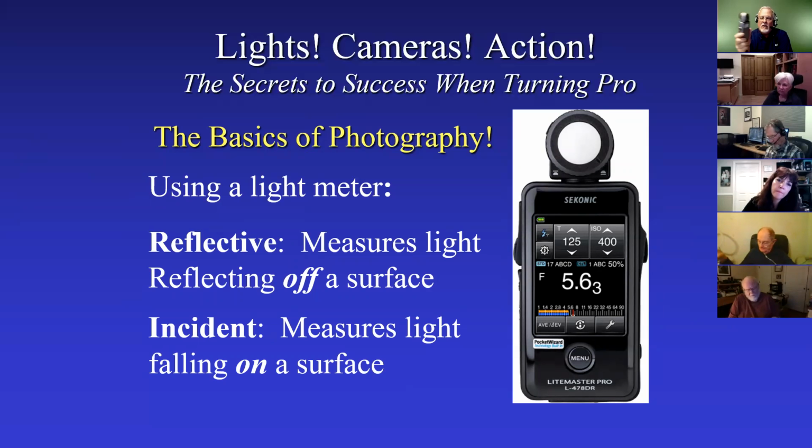If you have a meter like a Sekonic L358 or the Sekonic 478s or any of these other types of meters, one of the things that you probably will notice is that there's a dome. Some of the domes are retractable. You can push them in or dial them in, or you can dial them outward.